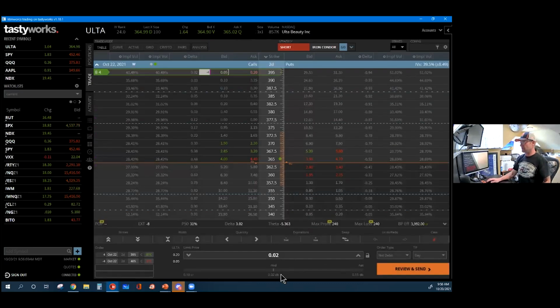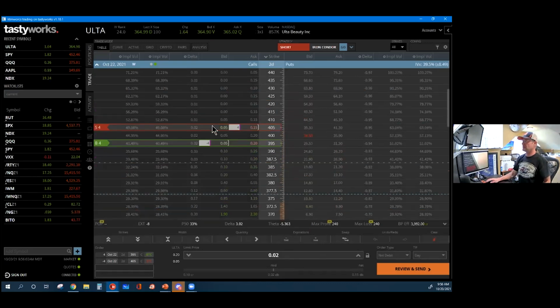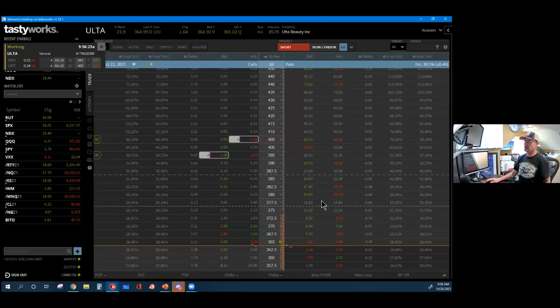Let's see if I can get a competitive price on that. Does look like I need to close both legs of that, including the long leg. It does look like there's a bid on that. That bid might go away as I try to work this. So I'm going to try to go 4 cents on the debit, and we'll see where that puts me at.